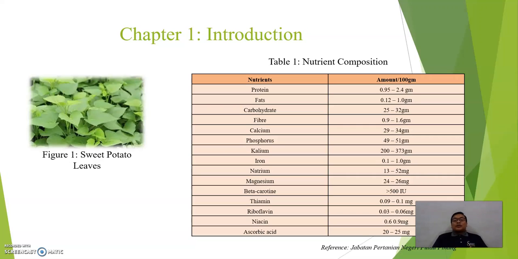As we can see for table 1 on nutrient composition, I had this table from Jabatan Pertanian Negeri Pulau Pinang. This table shows 15 nutrients that are contained in sweet potato leaf.